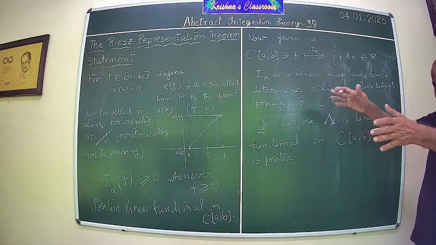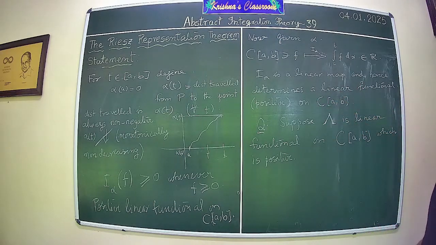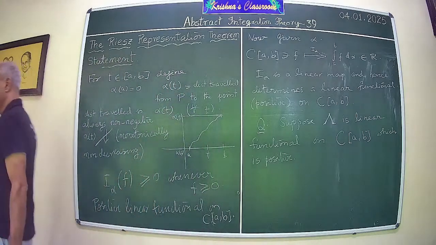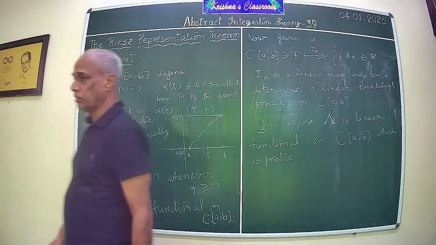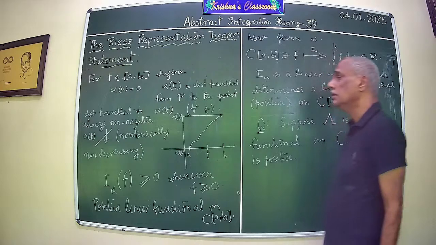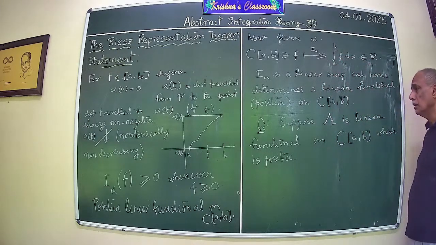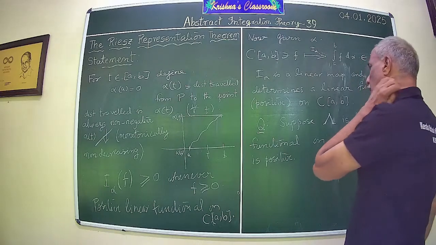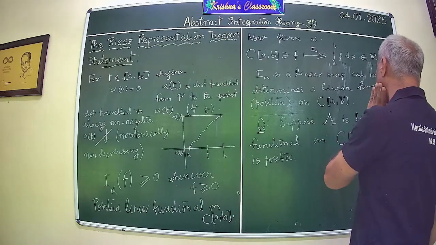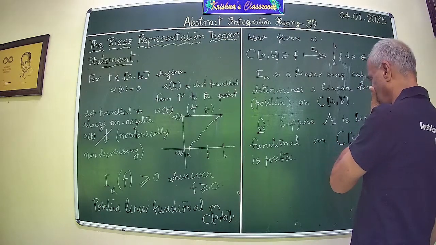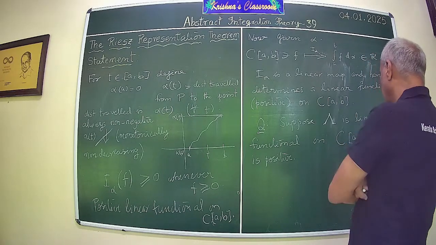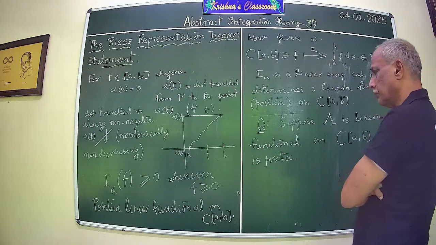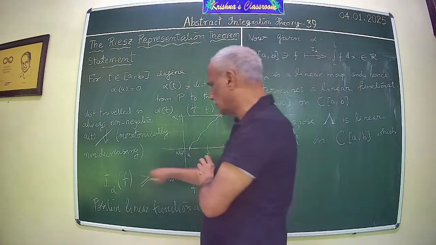What he says is that given alpha monotonically increasing and non-negative, and through the integral I alpha of f is a real number for every f belonging to C[a,b], so it defines a linear function which has the positivity property, which is given by this.